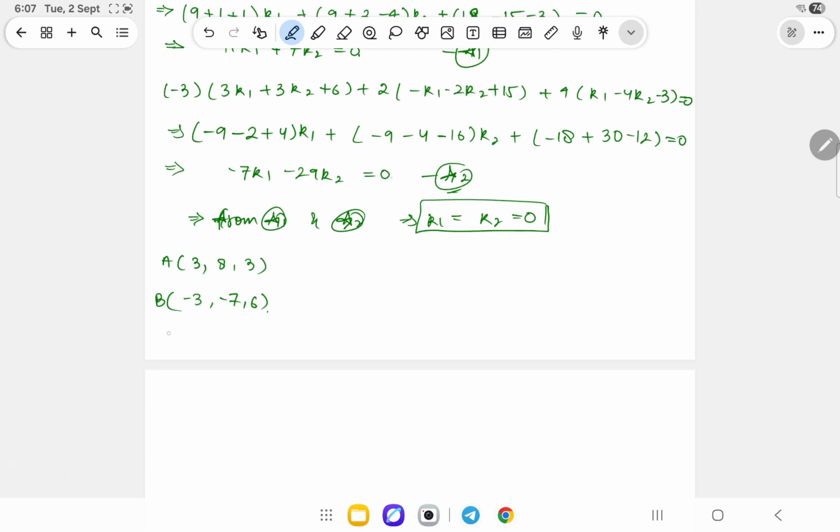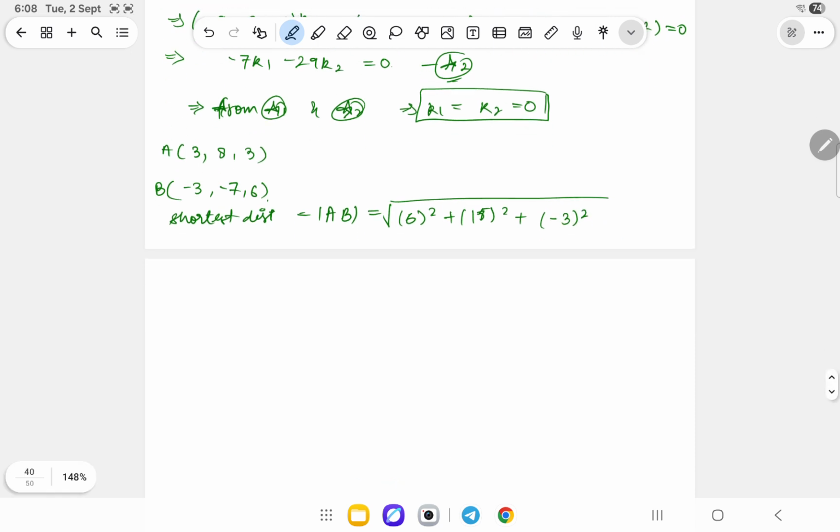And in the question I am supposed to find the shortest distance. So the shortest distance is basically the distance between points A and B, and that is under root of (3 plus 3) square, (8 plus 7) square, plus (3 minus 6) square. If I simplify it, I'll get 36 plus 225 plus 9, so it is under root 270.